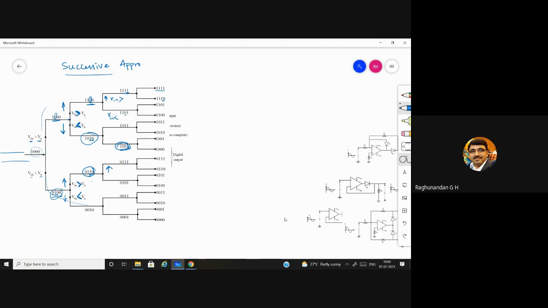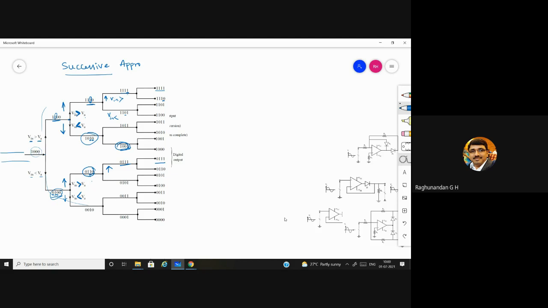And again, in the next level, we are going to consider the upper branch, because it indicates that the present value is smaller compared to the input, and since we are having the maximum value, we'll stop here.